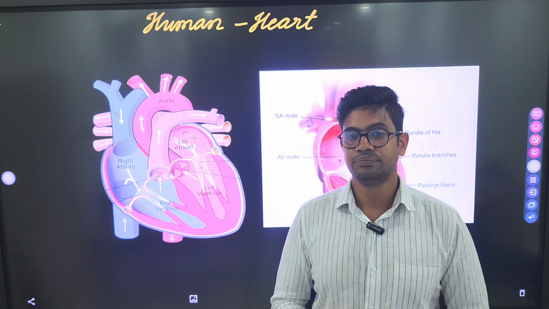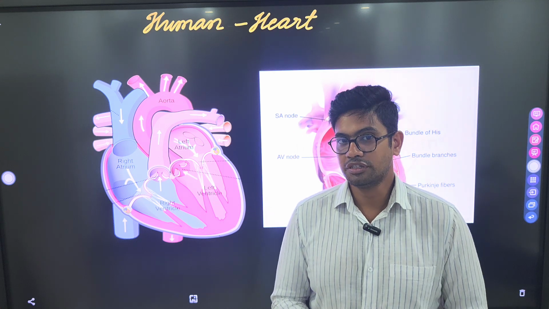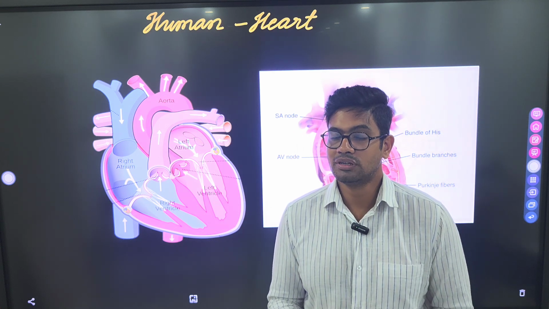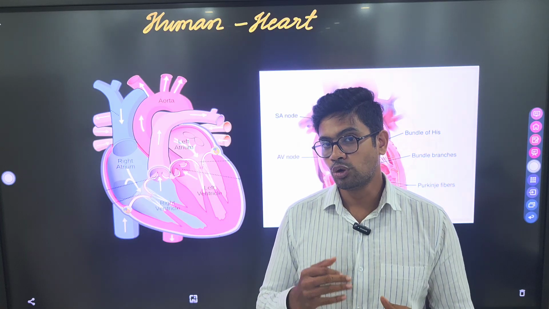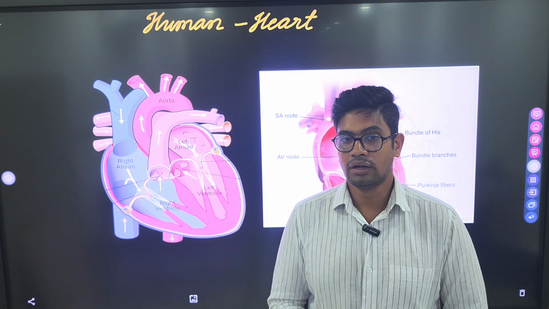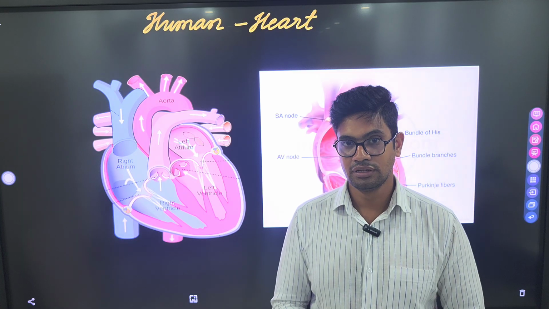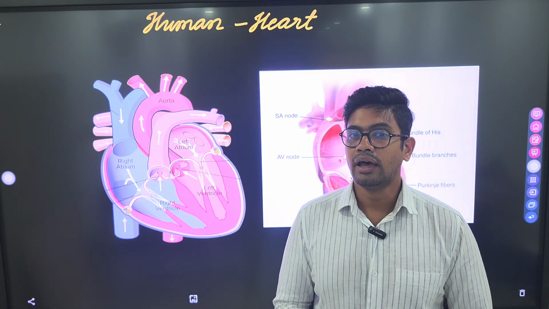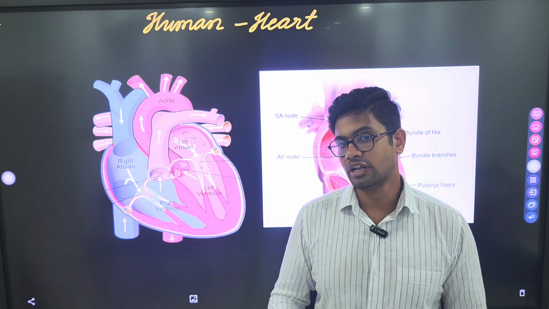But when these arteries are blocked for some reason, because of increased cholesterol or some other reason, the heart muscles do not get the amount of oxygen they require and the amount of energy they need to produce within the cardiac cells. They can die, and this is called myocardial failure or heart failure.